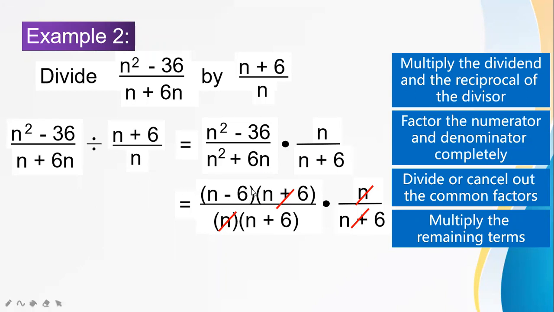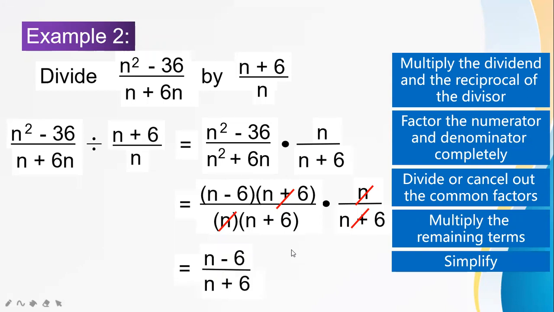The remaining factor in the numerator is n minus 6, and in the denominator it is n plus 6. Then we simplify, and of course the answer is n minus 6 over n plus 6. So this will be your answer.